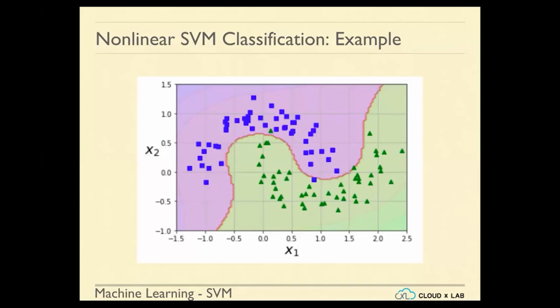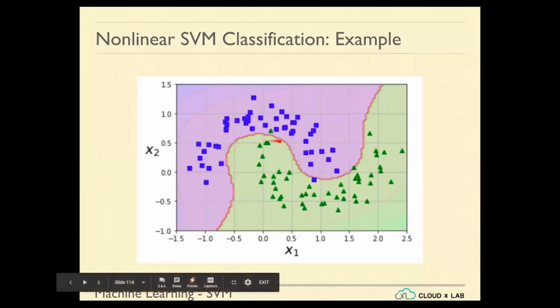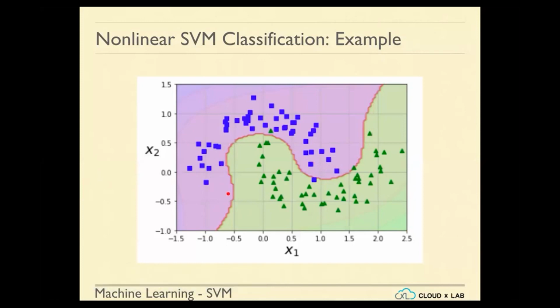And when you ask those classifiers for each data point whether this is the decision boundary, then the outcome is a nonlinear decision boundary, right? So with SVM, we were able to achieve a lot.